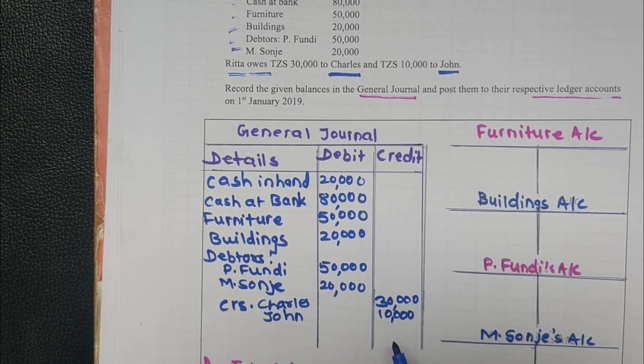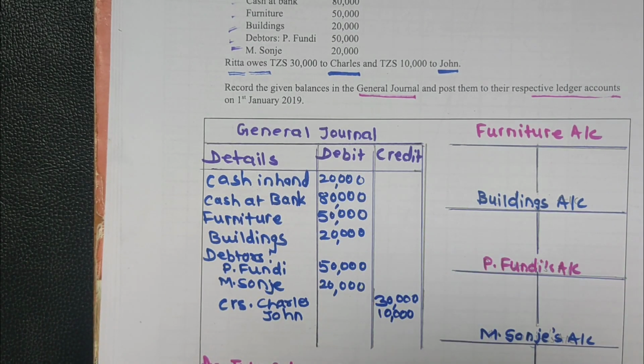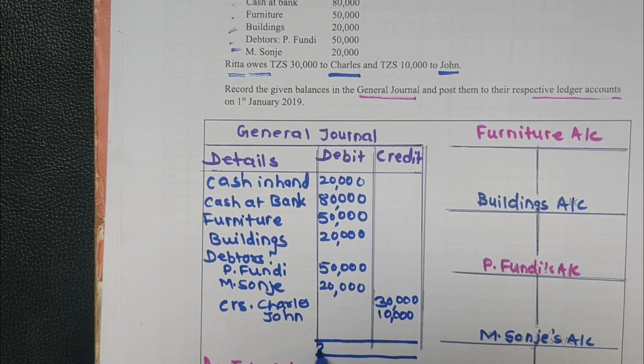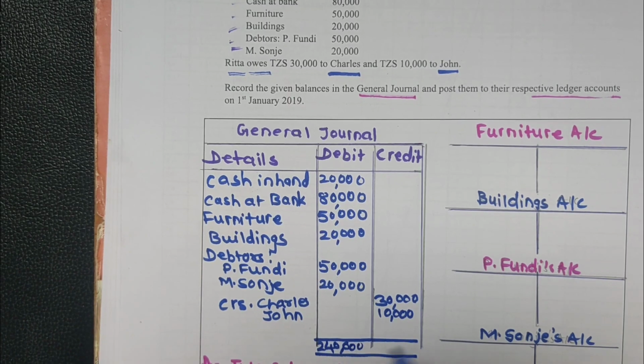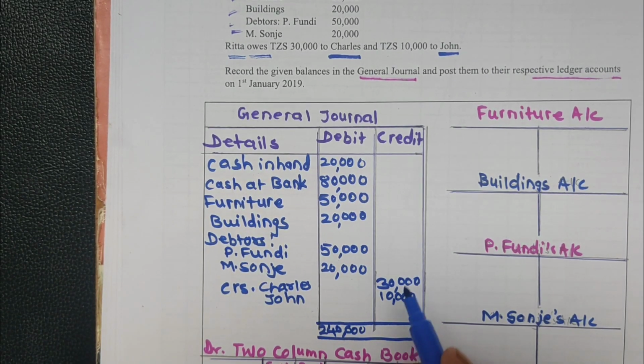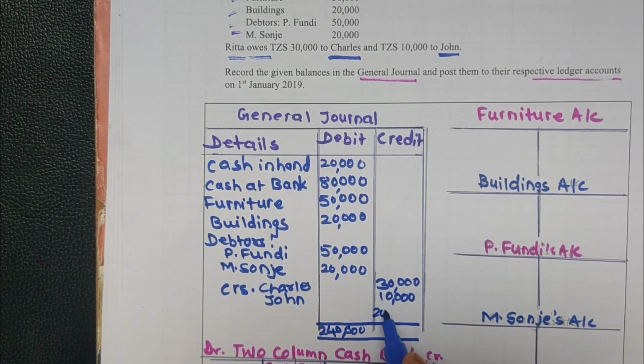See which side we have written? Credit side, 30,000 and 10,000. So the debit side total, if you count these items, will be 240,000, and the credit total is 30 plus 10, which is 40,000. When we deduct these liabilities of 40,000 from these assets of 240,000, the balance is 200,000.